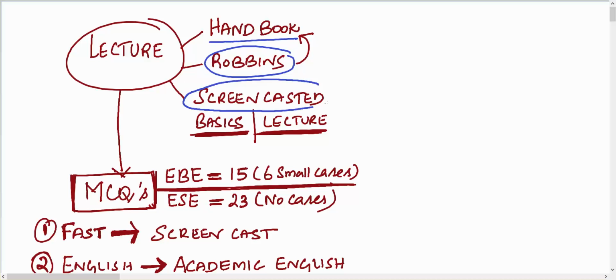It is called a screencast, which contains basics and the lecture explanation, and it is uploaded in the Dropbox. The students can approach their group leaders and take the recordings. I hope it is available with all the students. It is with all the students.